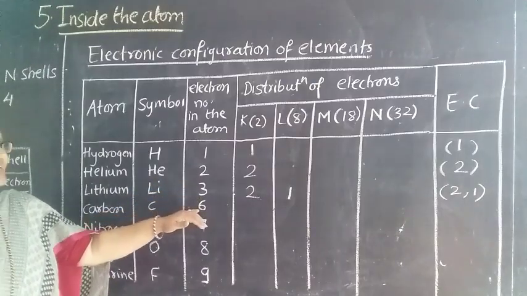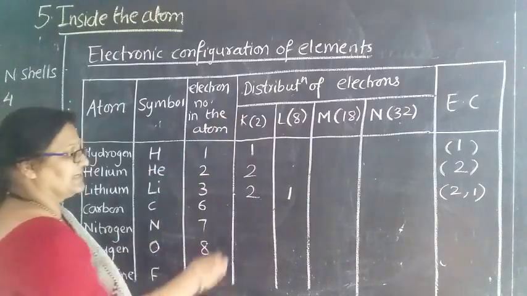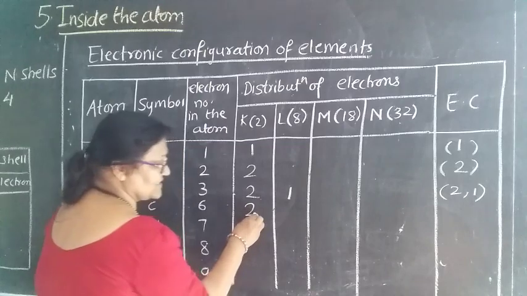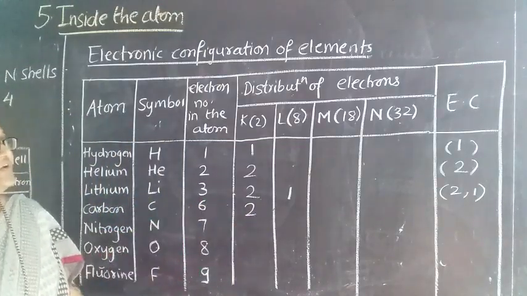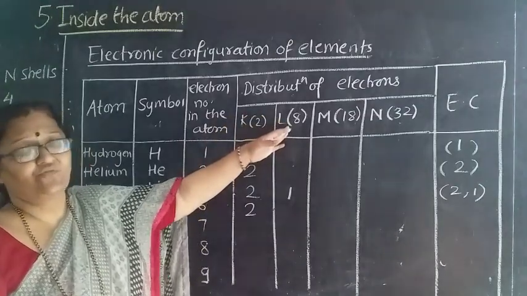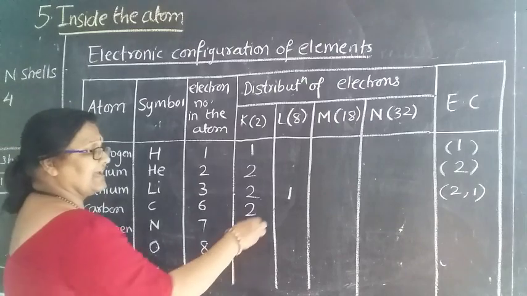Similarly, for carbon, the symbol is C and the number of electrons in the atom is 6. So how are we going to do it? The first shell will contain 2 electrons. How many remain? 6 minus 2, 4 remain. We know that the capacity of L is 8, so we can accommodate 4 electrons there.